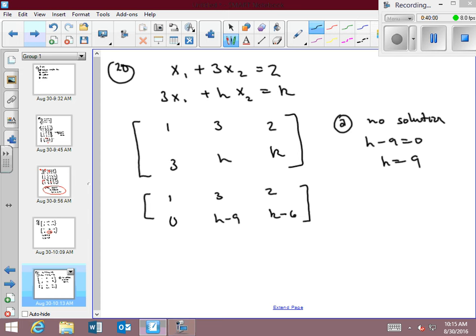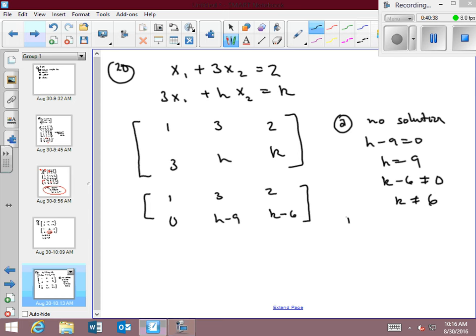But what would the other thing have to be for no solution? k minus 6 could not equal 0, right? So k could not equal 6. No solution: h would have to be 9, k would have to be not equal to 6. So we got no solution.